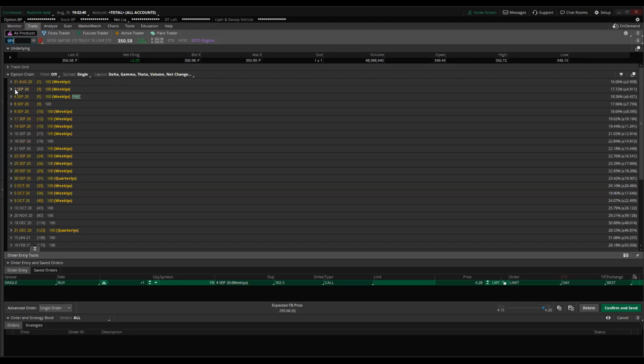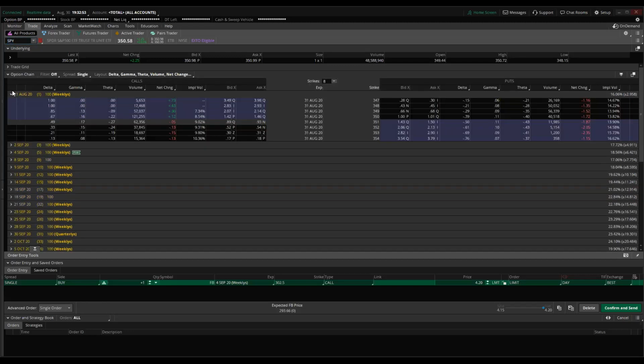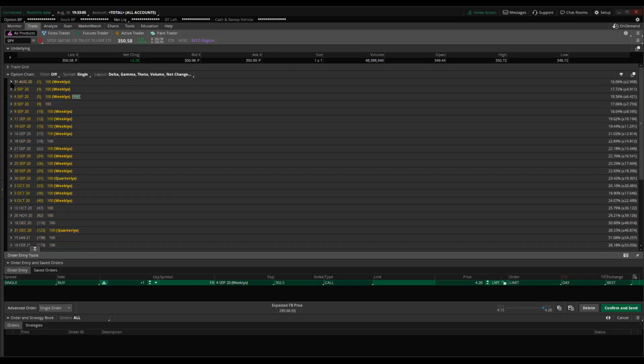SPY contracts expire on Monday, Wednesday, and Friday. If you click on the first one, you will buy a contract that expires the same day, and you don't want that. If you click the first one, you're getting either same day expiration or next day expiration.